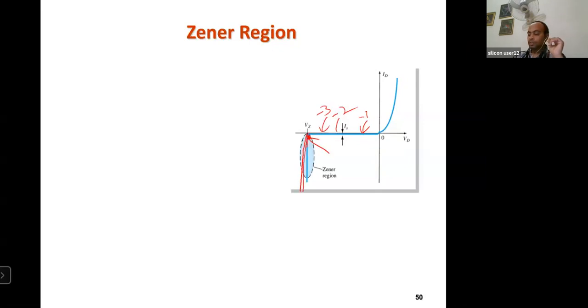That region is called the Zener region. This is called the breakdown: at a particular reverse voltage the diode will break down, and due to the breakdown a very high amount of reverse current will flow. The point where this phenomenon occurs is called the Zener point.